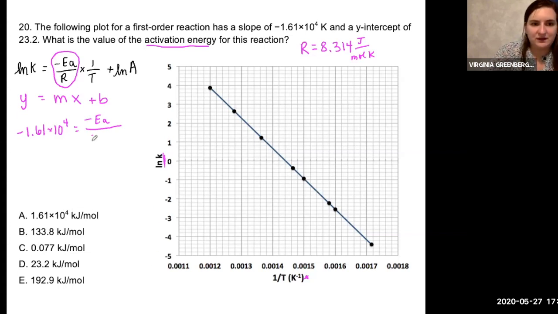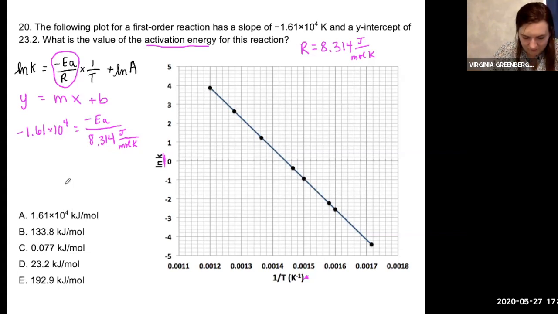I'm going to plug that in here. And so then to solve for activation energy, the negative signs cancel. I just have to multiply over the 8.314.